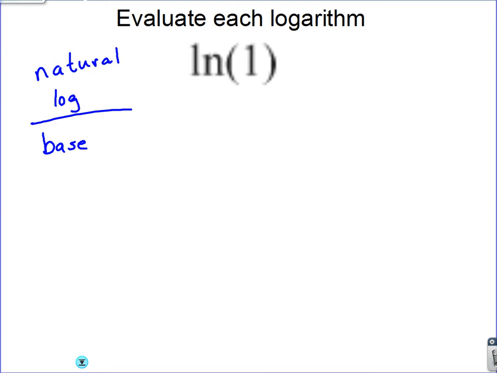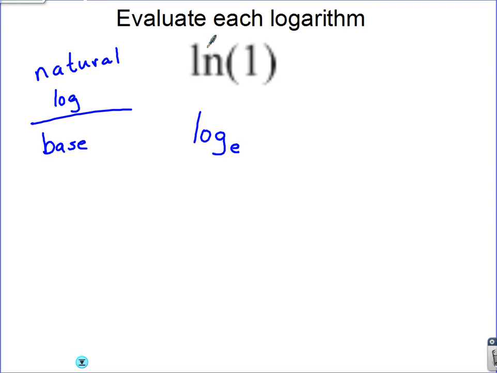Natural log. A natural log is simply a logarithm. If you want to turn this ln into log, a natural log is a logarithm with a base of e. There it comes again. 2.718. This number is so special that we dedicate an entire category of logarithms to it. A natural log is a log of base e.